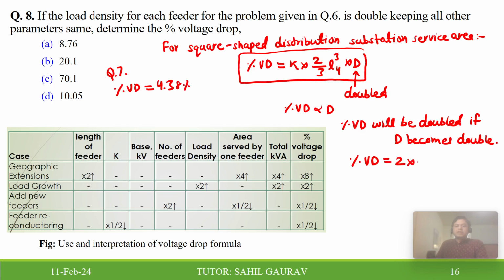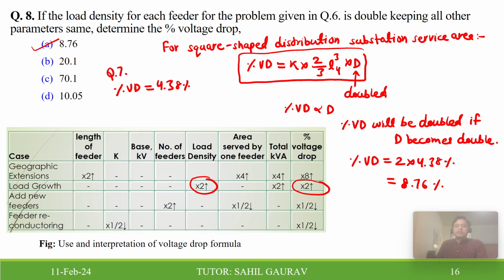So percentage voltage drop will be 2 into 4.38%, that is 8.76%. From the table you can also see that if you make the load density double, then percentage voltage drop also gets double. Either way you can solve. So A is the correct answer.